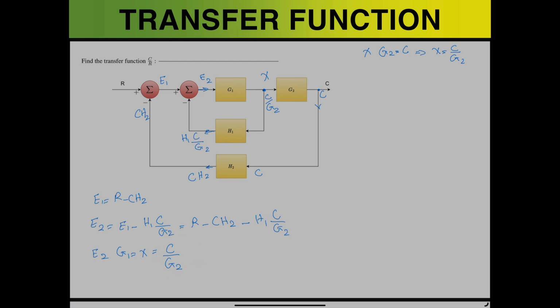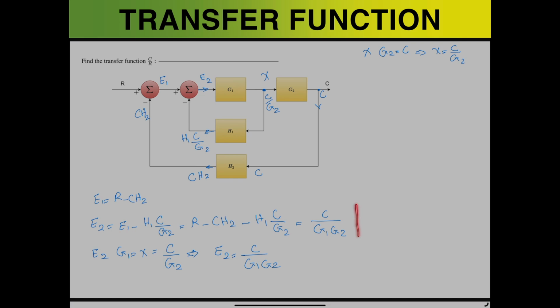I have two equations for E2. One is here, and the second one is here. So from the second equation, I can find E2 to be C divided by G1G2. And then I can equate this with this equation. Simply, I can see that it's C over G1G2.